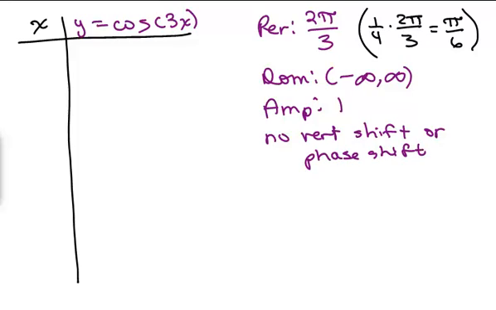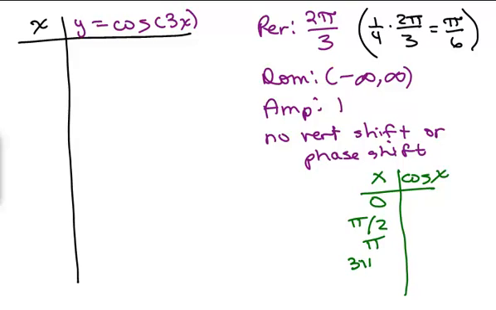So this helps. If there's no vertical shift or phase shift, especially the vertical one, remember our usual little chart for x and cosine of x. Remember how this goes: 0, pi over 2, pi, 3 pi over 2, 2 pi, and the numbers go 1, 0, negative 1, 0, 1.